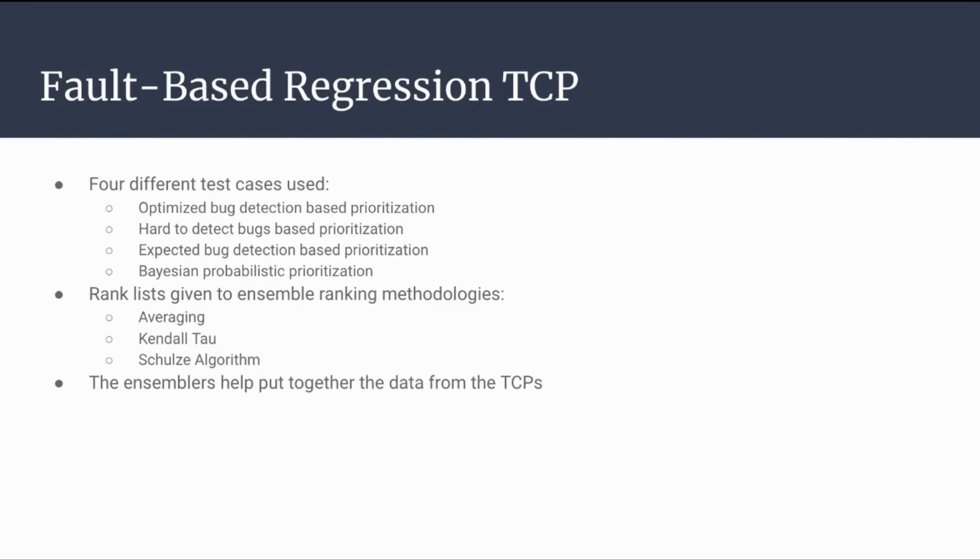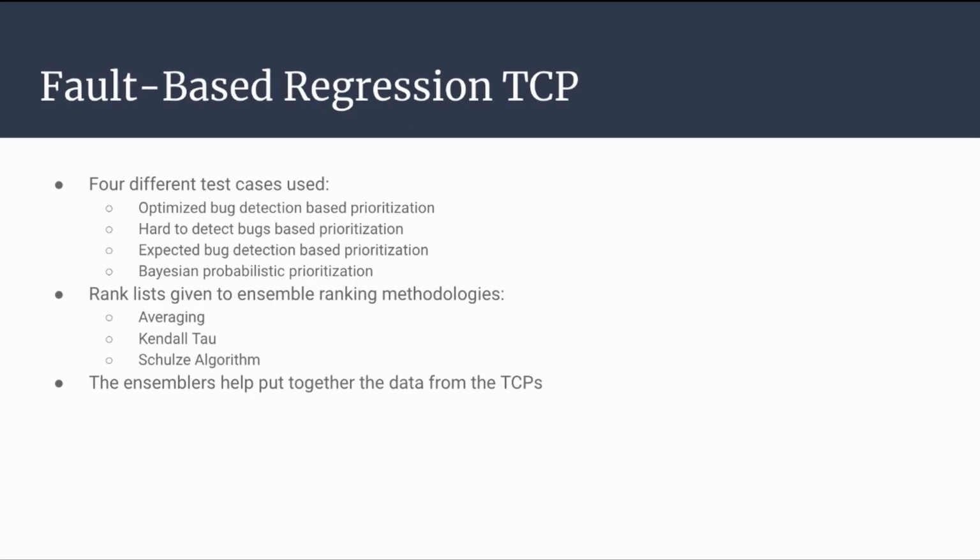They use these techniques for object-oriented programs where they place various bugs throughout an original Java program to test all of these different methods. The 4 different test cases used are optimized bug detection based prioritization, hard to detect bugs based prioritization, expected bug detection based prioritization, and Bayesian probabilistic prioritization.